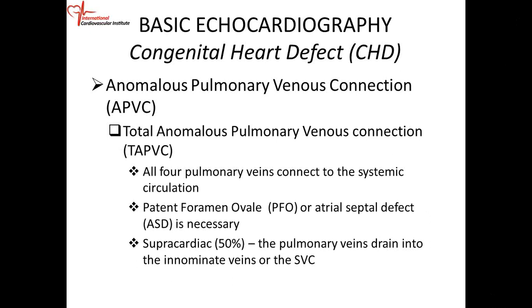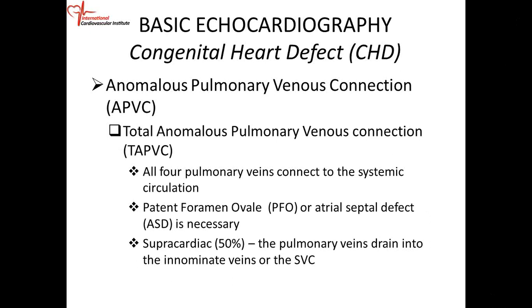You need either a patent foramen ovale or an atrial septal defect, because you have to get oxygenated blood to the left side of the heart. Because you're draining all the oxygenated blood into the right side of the heart, you have to get some of it to the left side. So if you have an ASD or a PFO, then you'll have oxygenated blood going to the left side.